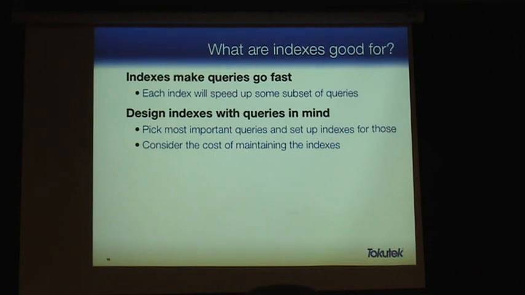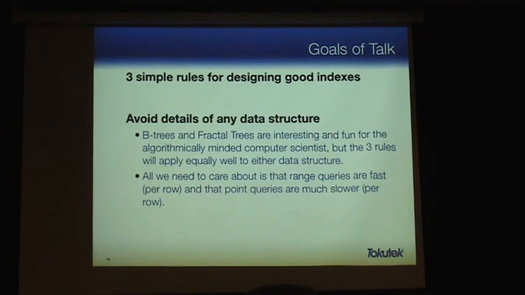So when you're designing indexes, what you'd like to do is pick the most important queries and set up indexes for those. There's a cost for maintaining the indexes, which we'll get to at the end. But what we're going to focus on right now is how we're going to design the indexes around our queries. And to do so, we're going to have just 3 simple rules for designing good indexes.